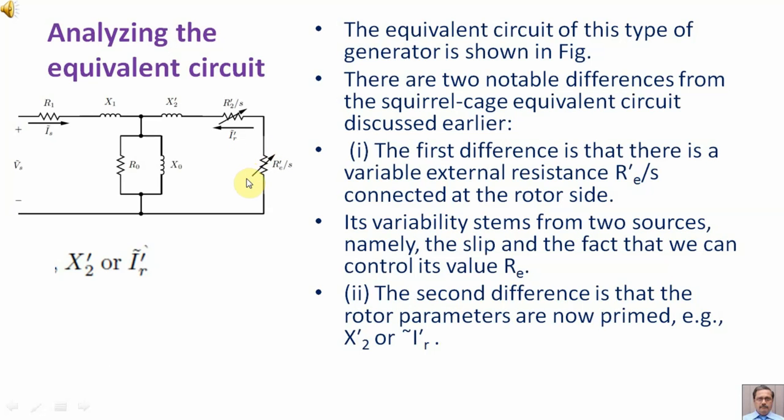Its variability stems from two sources, namely the slip and the fact that we can control its value R_E. The second difference is that the rotor parameters are now primed. For example, X'_2 or I'_R.